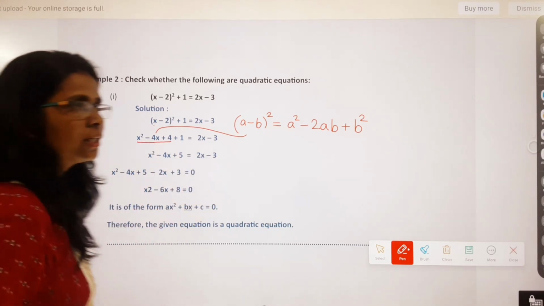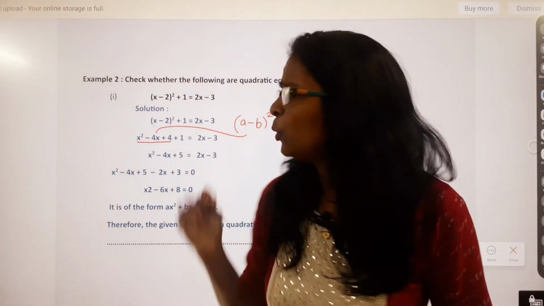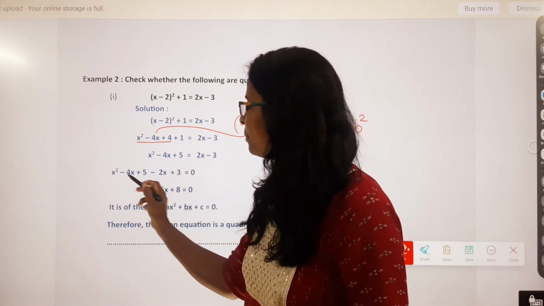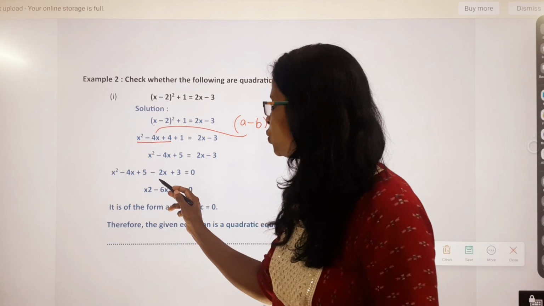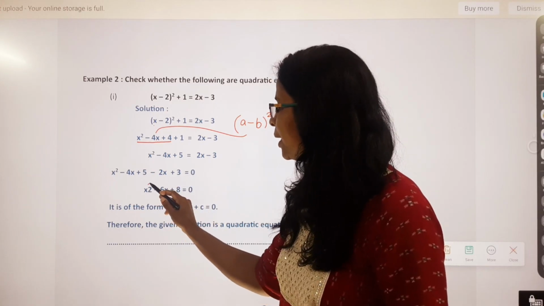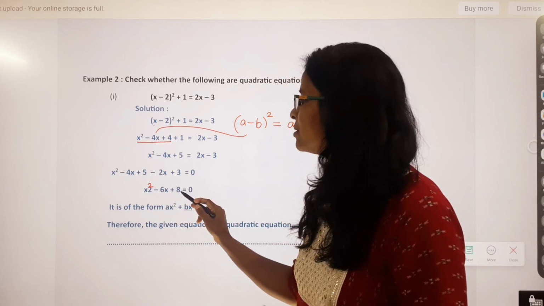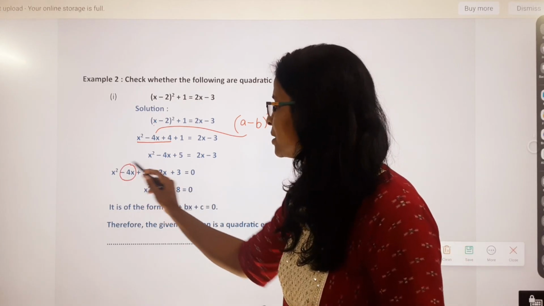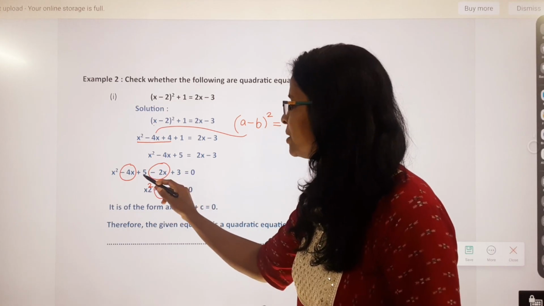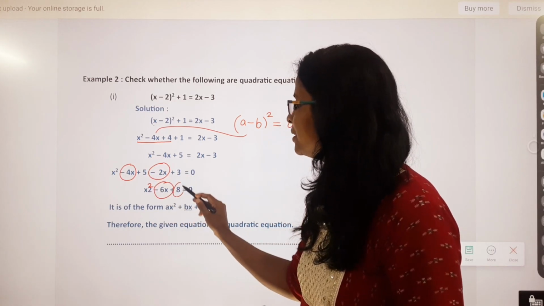Now change the position of 2x minus 3. Here x square minus 4x plus 5 minus 2x plus 3. Then x square minus 6x plus 8, because minus 4x minus 2x is minus 6x, and plus 5 plus 3 is plus 8.